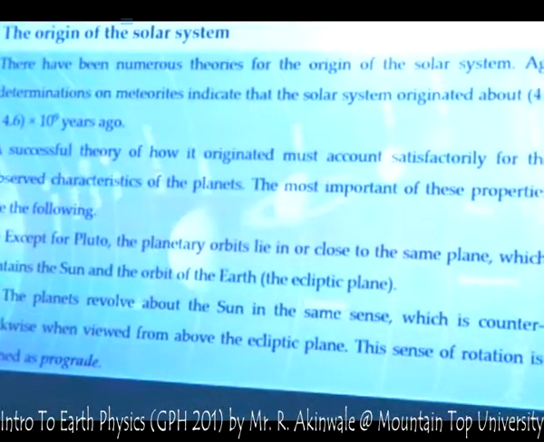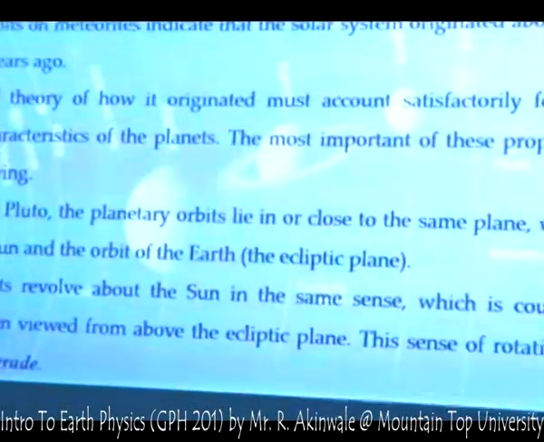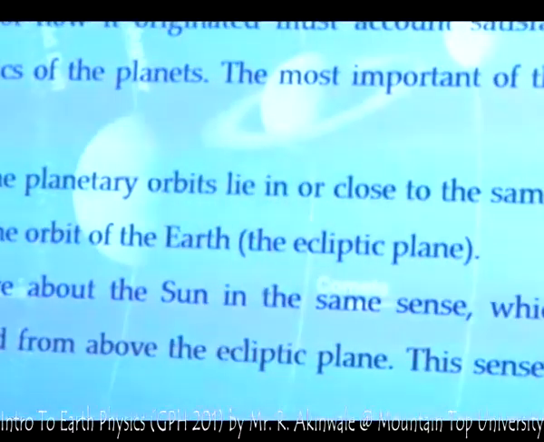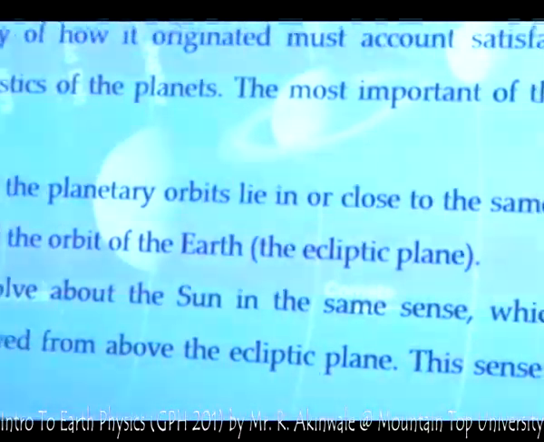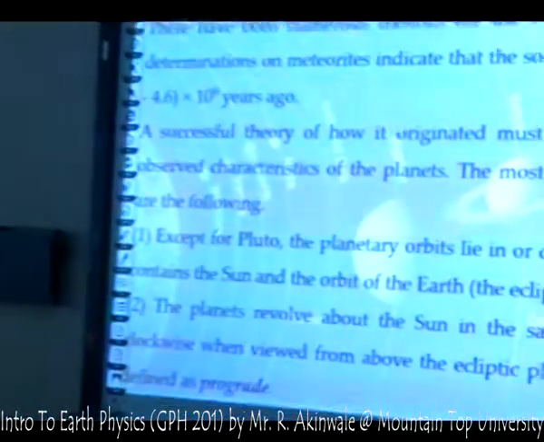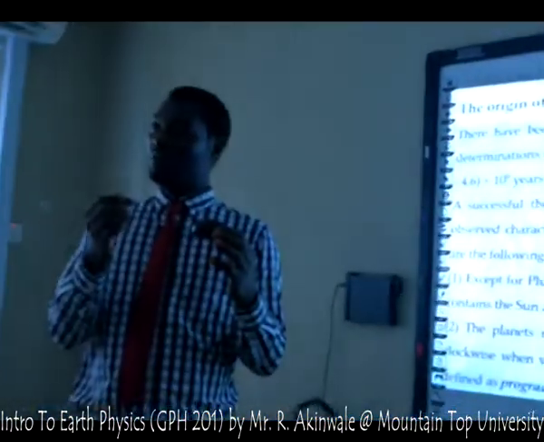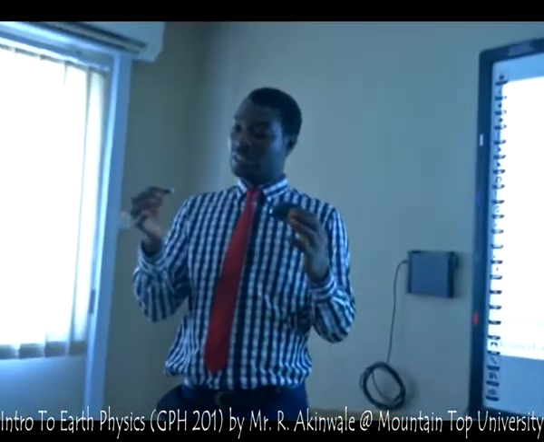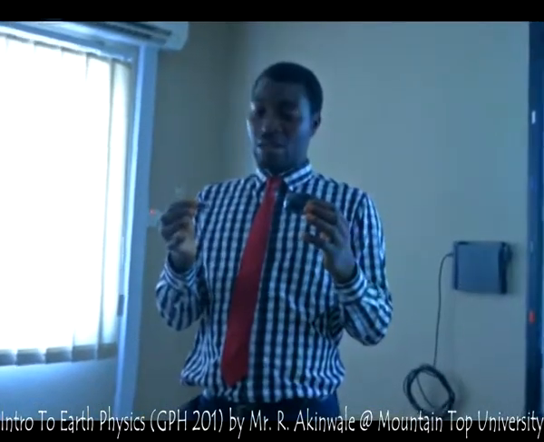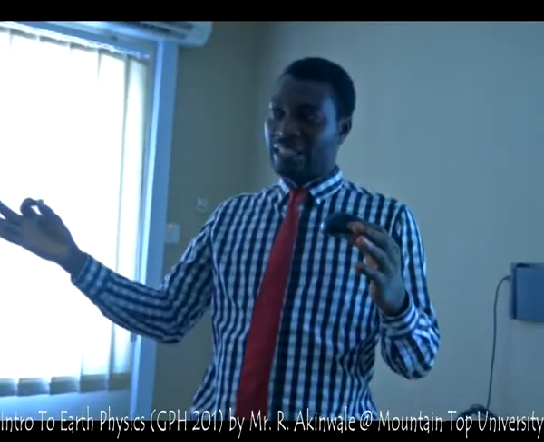For instance, let's say this is the sun. If Mercury is here, Venus is here, they are formed like a straight line. We have the Earth on that same straight line, and so you can see that it's formed like a flat disk.